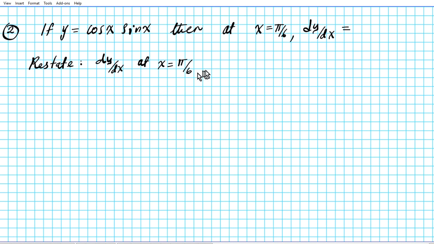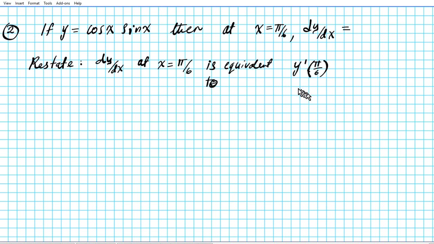This is equivalent to finding y' at pi over 6. So the derivative at a point is written using symbolic notation as y' at pi over 6. This is what we're going to be looking for.